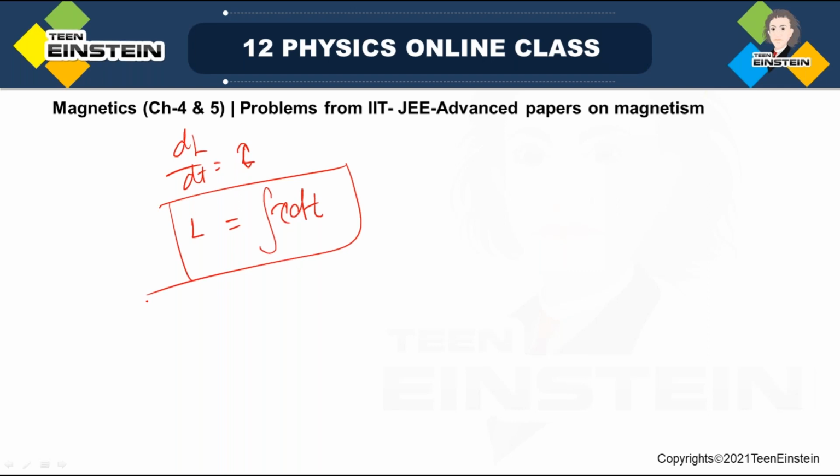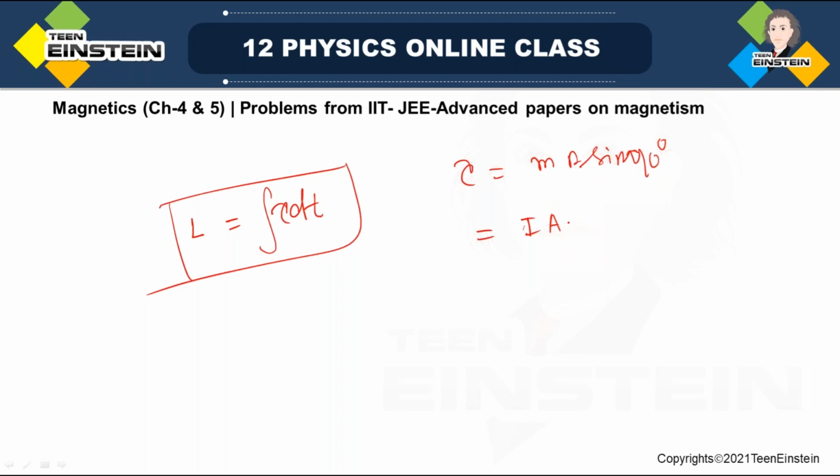Now we will find out what is torque. Torque is m cross B, or mB sine theta, and here it is sine 90. What is m? M is I into A, where I is the current passing through the coil and A is the area of the coil.